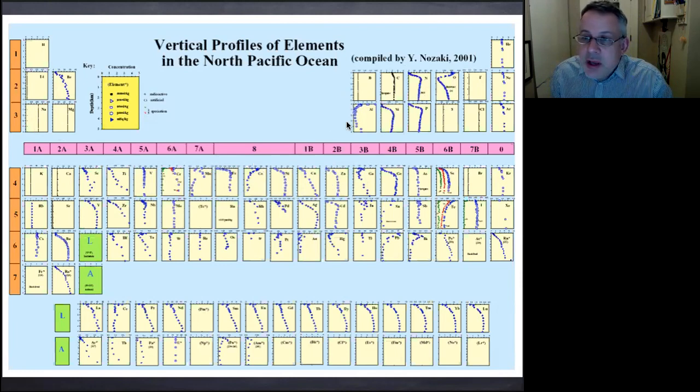The biology is normally up here in the carbon-nitrogen area, but carbon and nitrogen are consumed by biology or emitted during the dissolving of nutrients, detritus, and so they have an interesting vertical structure. I should have said this is vertical structure with depth in each of these profiles. So one way to estimate the residence time is to look at the vertical structure of a particular constituent, trace element.